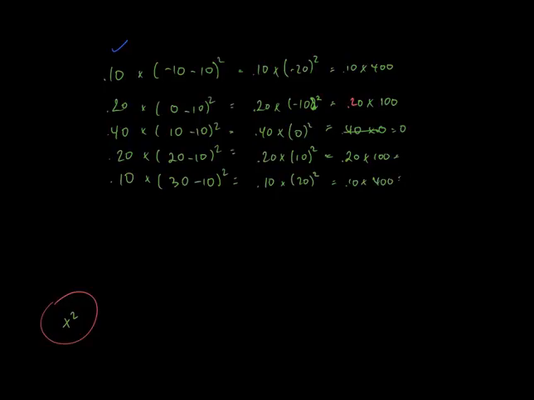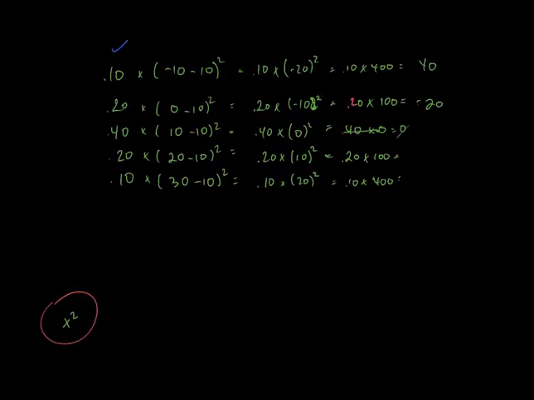And now we're just going to do that math all the way out and see what we get. So we're doing 0.10 times 400, 40. 0.2 times 100 equals 20.